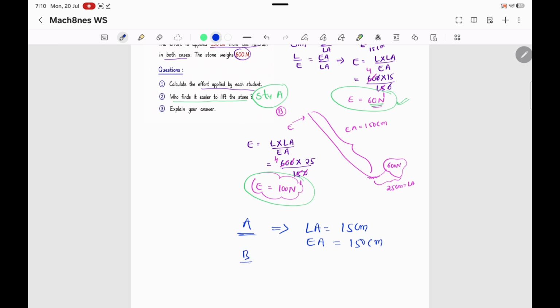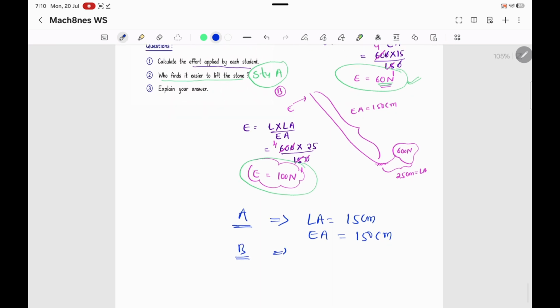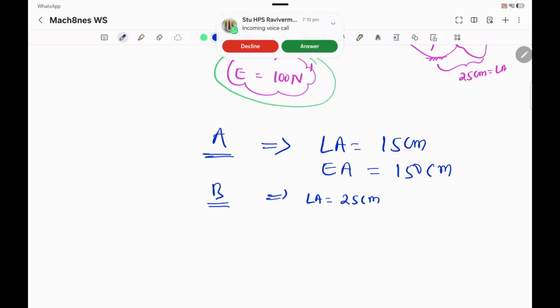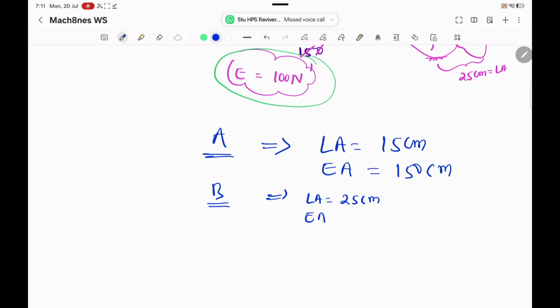Whereas for student B's case, load arm is 25 centimeters, and here the effort arm is the same thing. That is how much more? 150 centimeters.